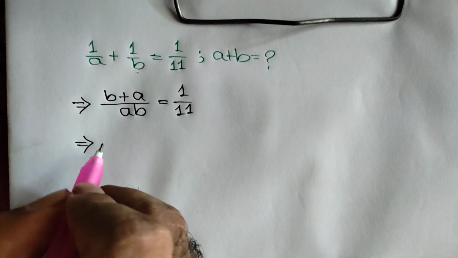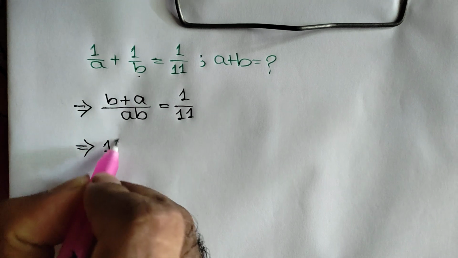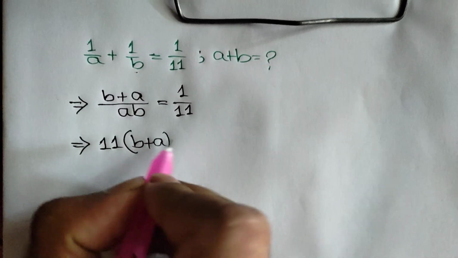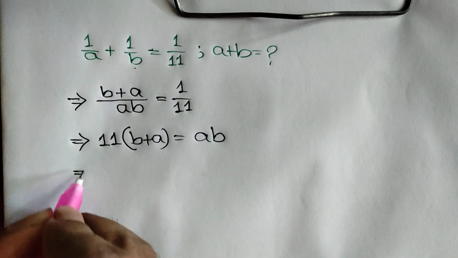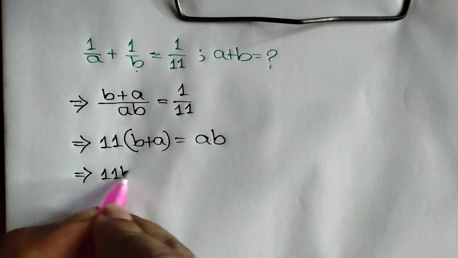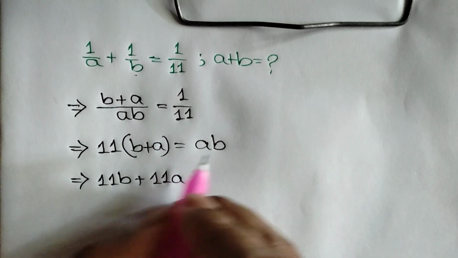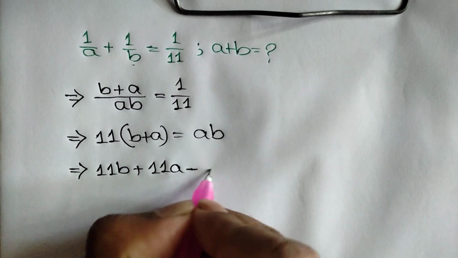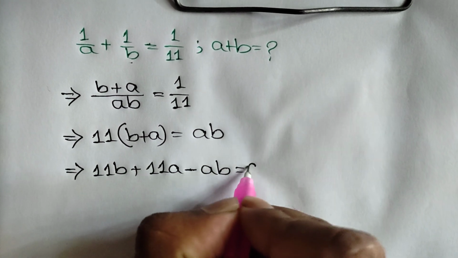Now applying cross multiplication we will get 11 times (b plus a) is equal to ab, or 11 times b, that means 11b, plus 11 times a, that means 11a, and taking this ab to the left side we will get 11b plus 11a minus ab is equal to 0.